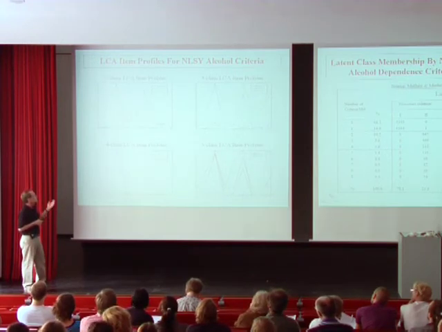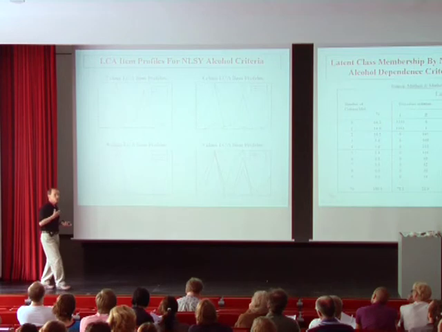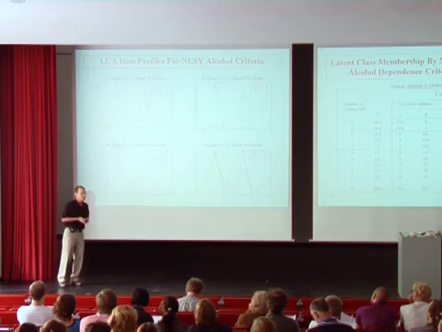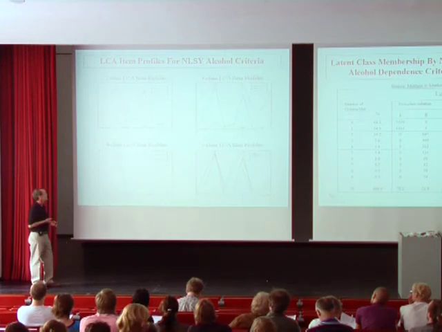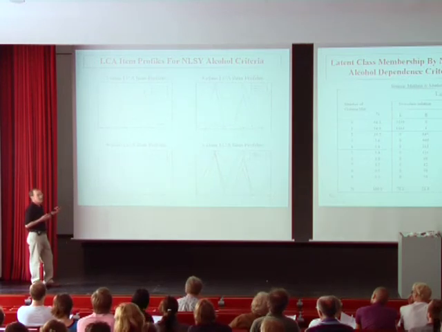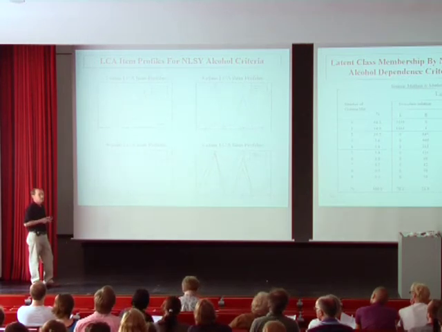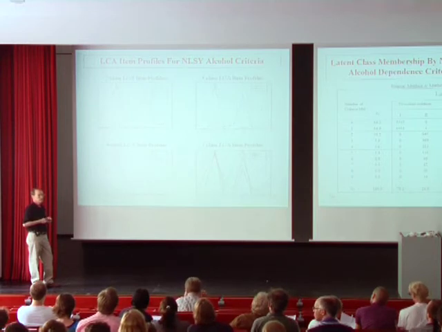So I would think with those clear profiles, you could get away with a smaller sample size than if those profiles hadn't been so different. So it's really a matter of how distinct are the classes.